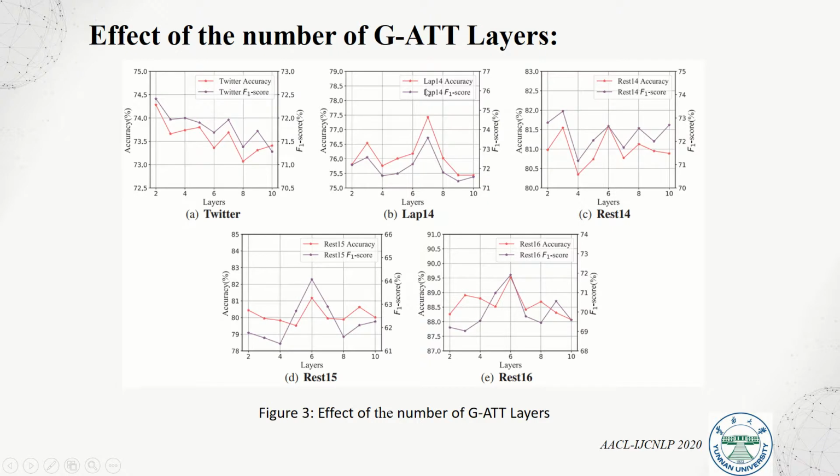When the number of layers is greater than 7, performance decreases on both metrics. As the layers reach 10, the model contains too many parameters and becomes more difficult to train.